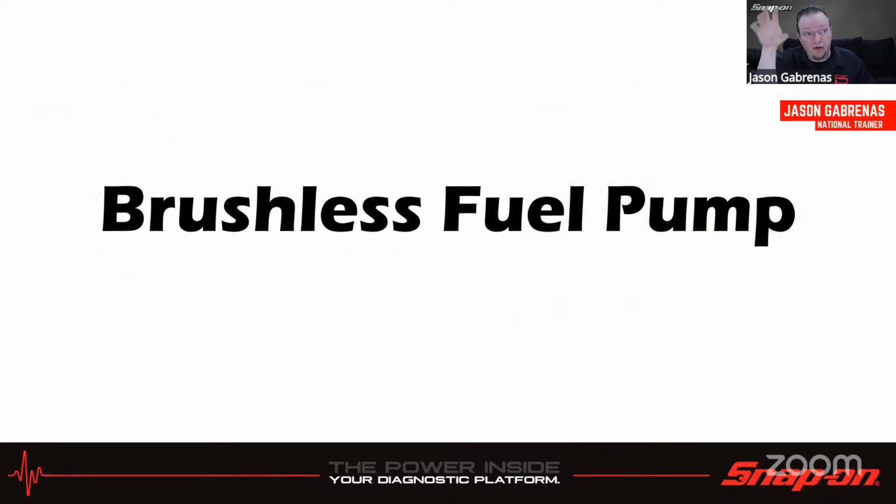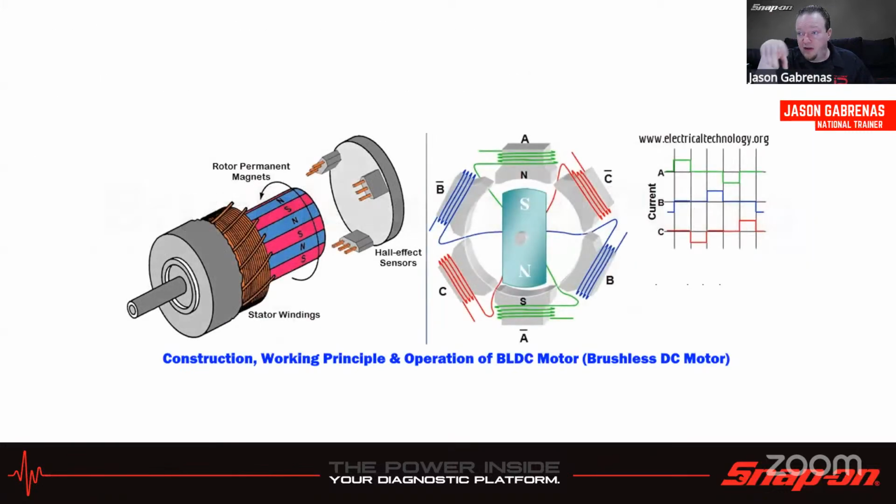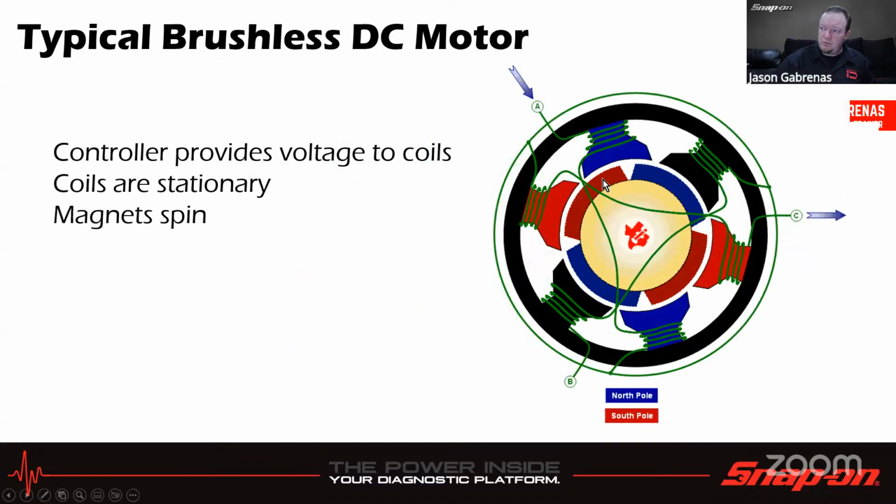Now, brushless fuel pumps are made and operate kind of in the opposite way. On the brushed fuel pump, the magnets were stationary on the stator. On these, the windings and the coils are stationary on the stator, and then the rotor contains the magnets. So we have 3 circuits in here with positive and negative, where we can turn these positive and negative.